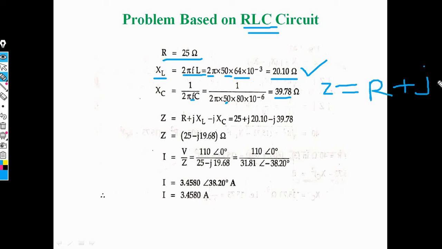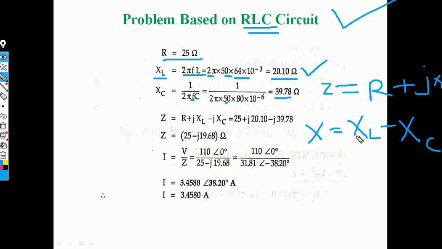But in an RLC circuit, the impedance formula is Z is equal to R plus JX, where X is the total reactance of the circuit, that is XL minus XC. This is the important formula in an RLC circuit.